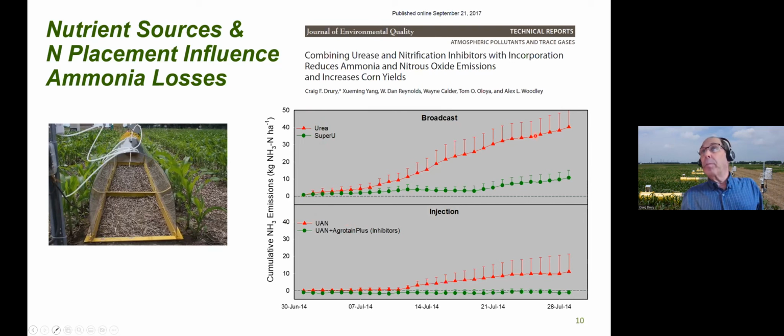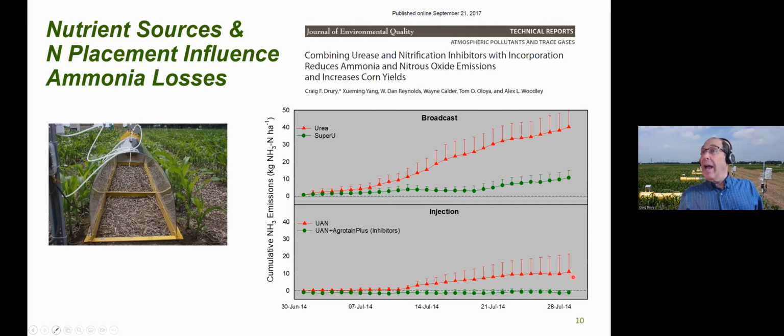So here, let's look at the broadcast urea. In this 2014, we were applying 130 kilograms of N, and 40 kilograms of that 130 was lost if it was just broadcast on the surface. Same nitrogen rate, but just adding Super U, so it's with the urease and nitrification inhibitor, decreased losses from 40 down to 10.